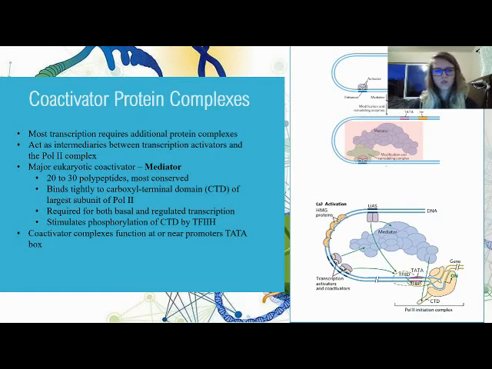It binds tightly to the CTD, or carboxyl terminal domain, of the largest subunit of polymerase II. It's required for both basal and regulated transcription, and it stimulates phosphorylation of the CTD by TFIIH. The coactivator complexes function at or near the promoter's TATA box.